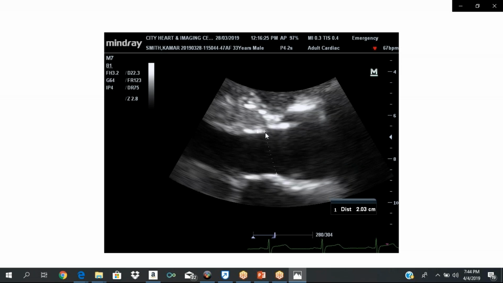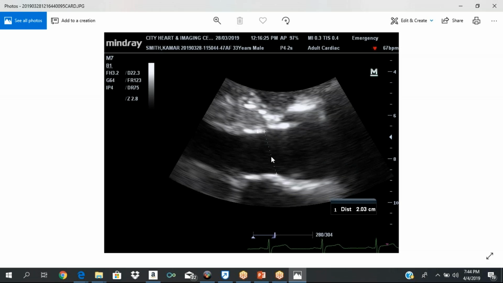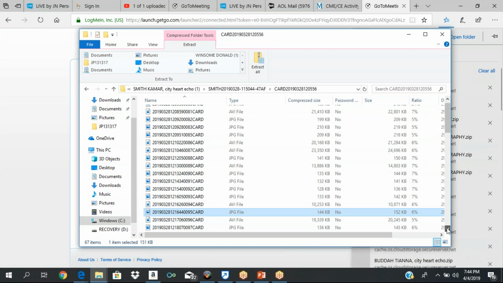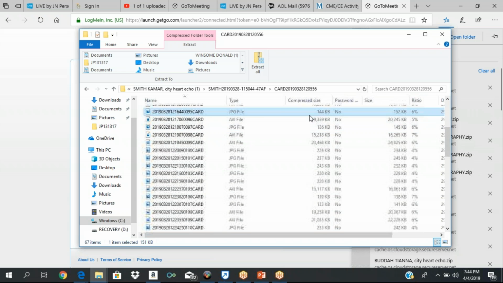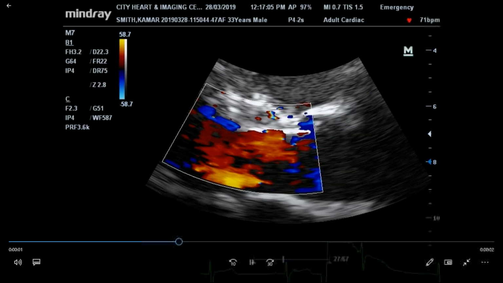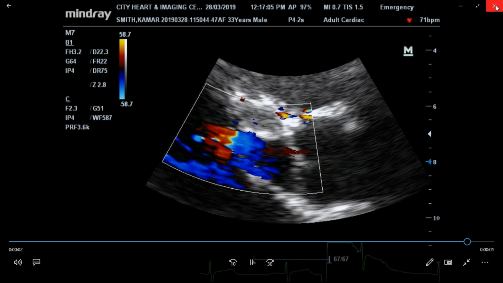So the LVOT measurement is done in systole. We're not doing color.